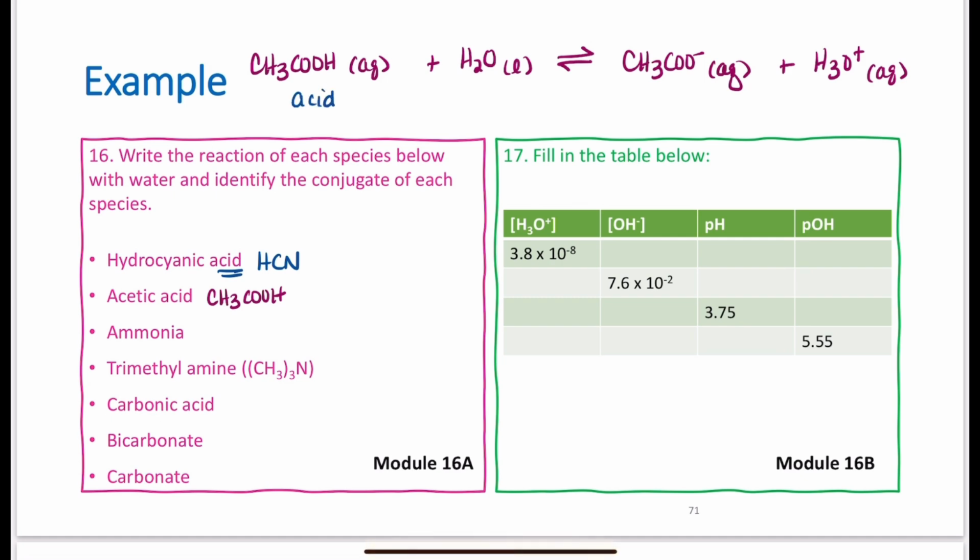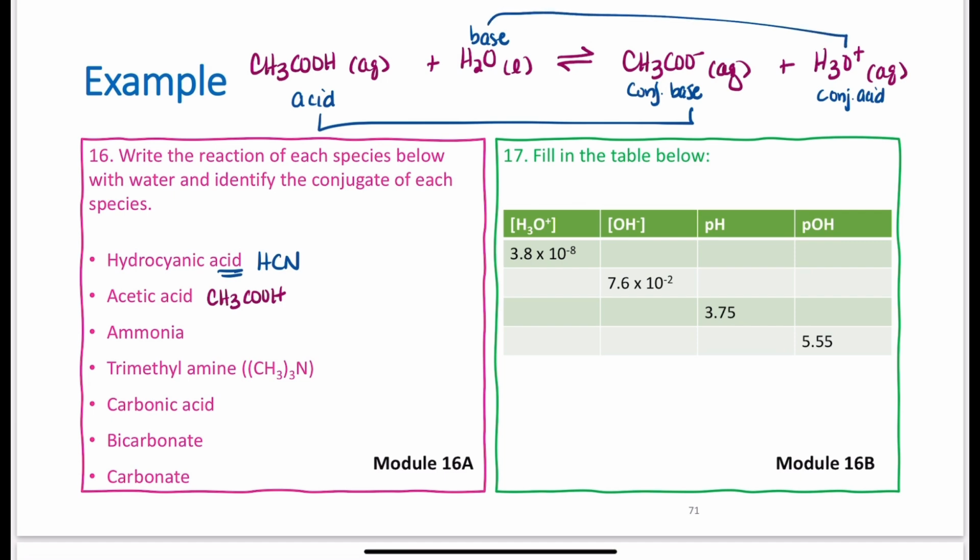This is an acid, so this is my conjugate base. I wrote it in a different spot this time. It's my conjugate base, which means this is behaving as my base, and this is my conjugate acid. Again, water can act as an acid or a base.